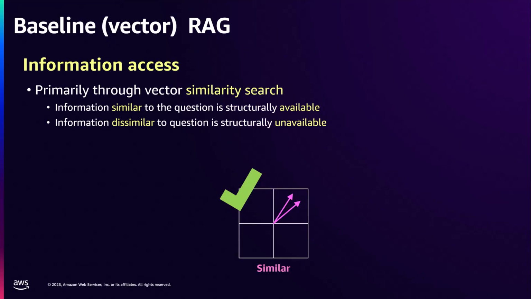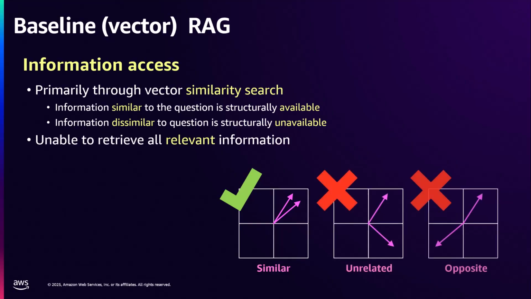This is generally known as vector similarity search or cosine similarity and top K. However, where this approach fails is when you need to retrieve all relevant information. Information that is unrelated to the search term, or in fact directly opposite the search term in the vector space, will fundamentally be ignored.